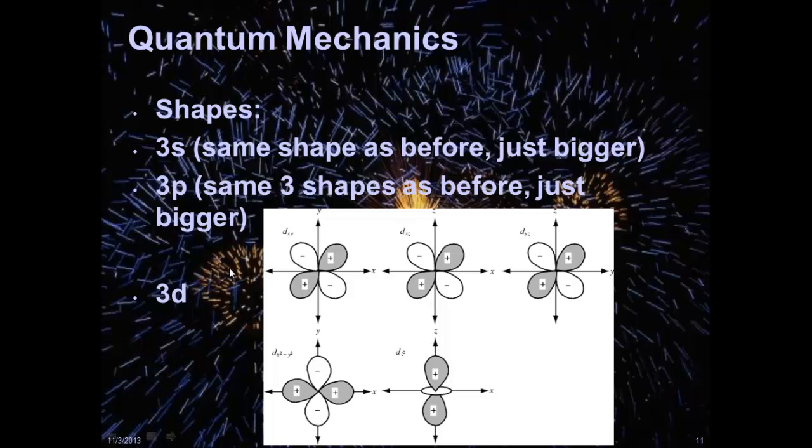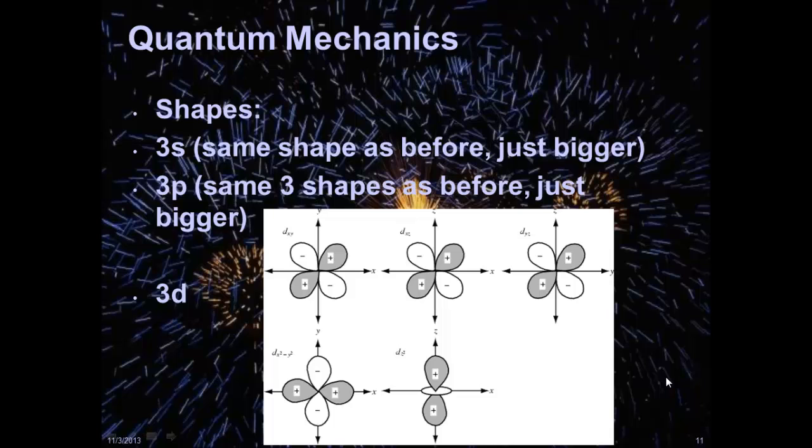When you look at the shapes for the D sublevels, 4 of them look like 4-leaf clovers or like flowers. And again, these are just turned in different directions along the coordinate plane. They just face in different directions, but they're all the same shape. And then there's one over here that's kind of weird. It looks like a p orbital with a belt around the center. So there's 4 flowers and then an 8 with a belt.